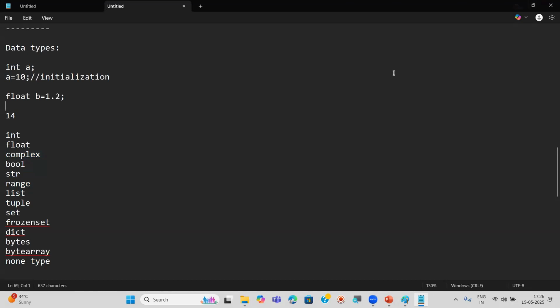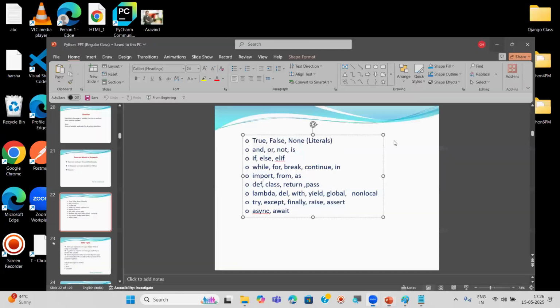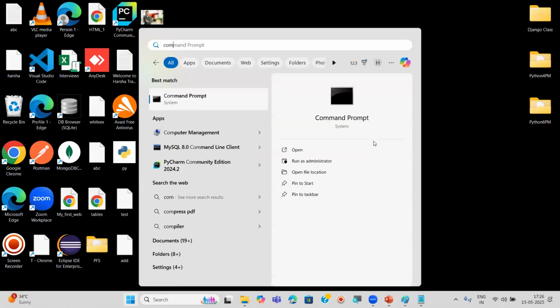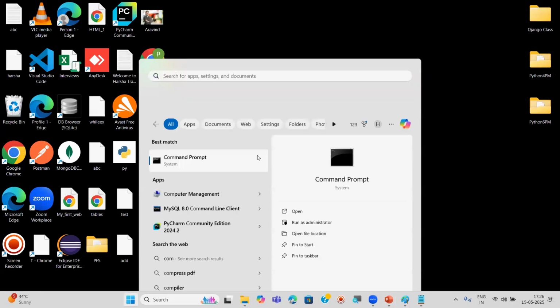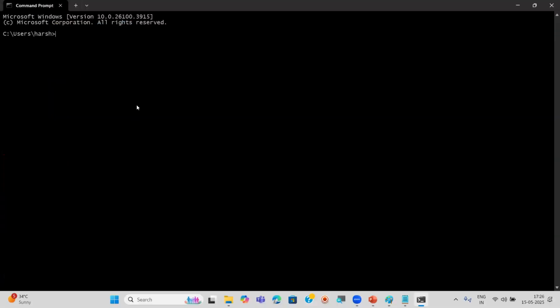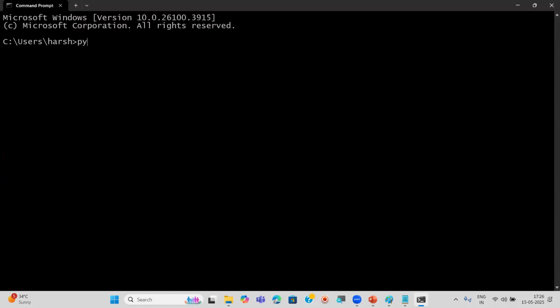Online guys, are you able to catch? Let's open the command prompt. How do we connect to the Python shell? You have to use which command here? py.